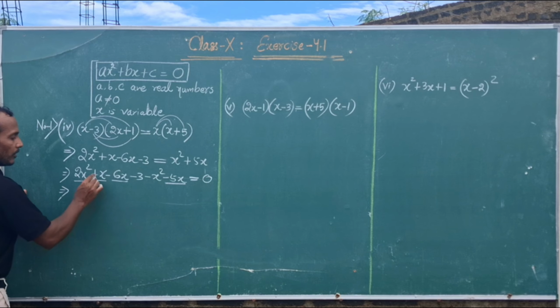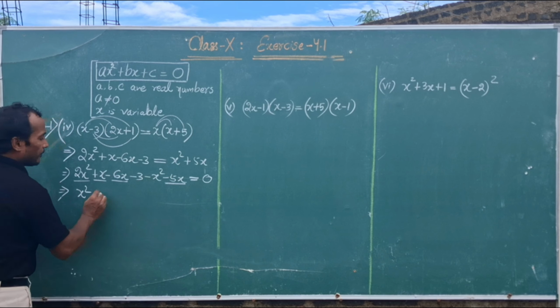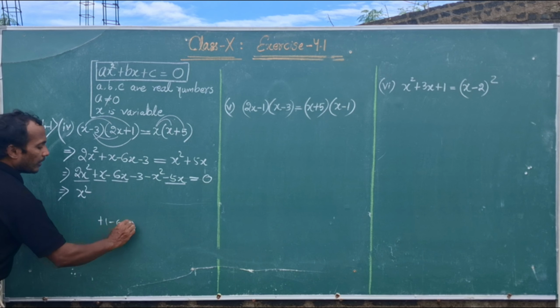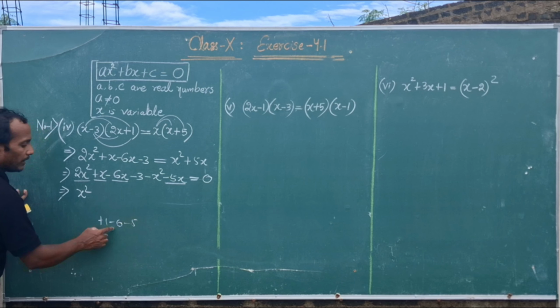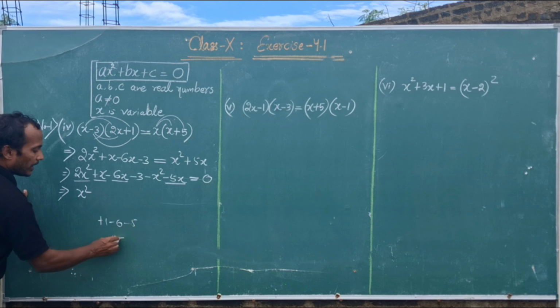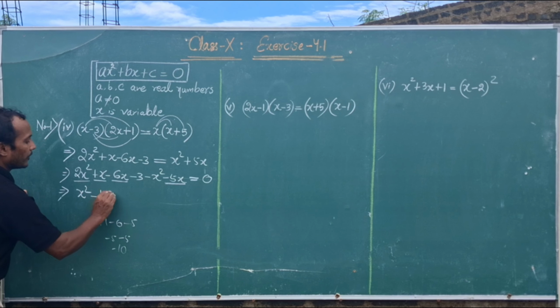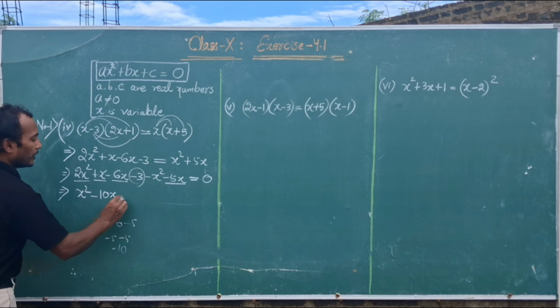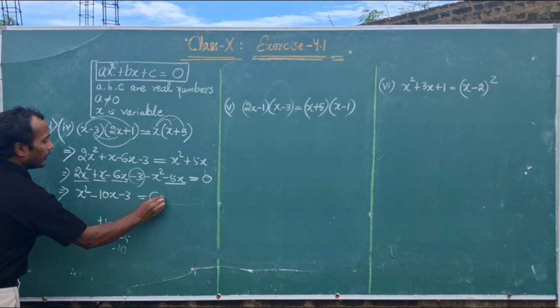The coefficient here is plus 1, here minus 6 and here minus 5. Plus 1 minus 6 gives you minus 5, and again minus 5, so you get minus 10. So minus 10x. And then this constant term is with us. Don't forget that. Minus 3 is there.